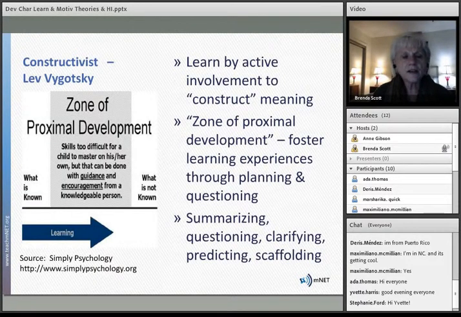There's an area where there are skills that are just a little difficult for someone to master, but if you have the right person to help you, to guide you, to encourage you, or to provide that learning opportunity, then you're going to be able to master those skills. So it's that zone of proximal development. It's where we foster those learning experiences. So that's a very interesting concept.